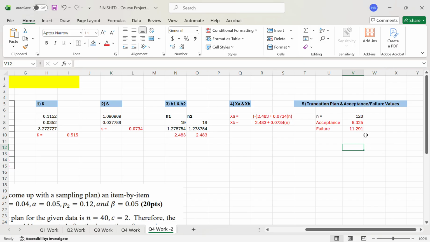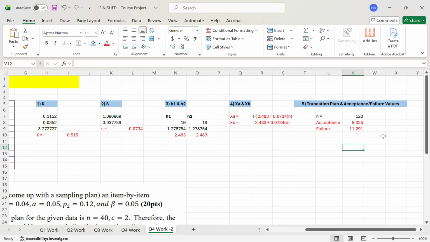Now your next question may be, well, how do we accept 6.325 or reject 11.291 failures or defects? How do we have point something of a defect? How do we have a partial defect? Well, we don't have a partial defect, right? I mean, someone can make an argument that you may have a couple dings or scratches on, say, a car on a production line, but those are still defects, right? We're going to label it as a whole defect, not just a partial defect.